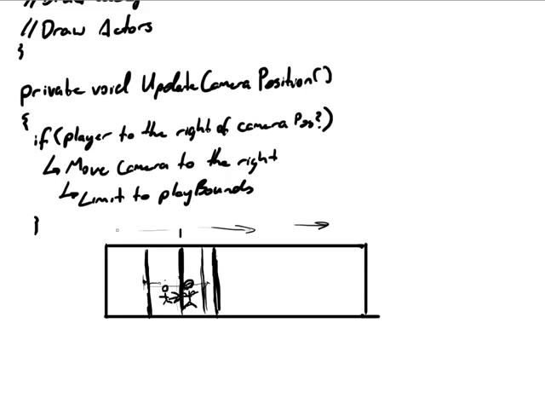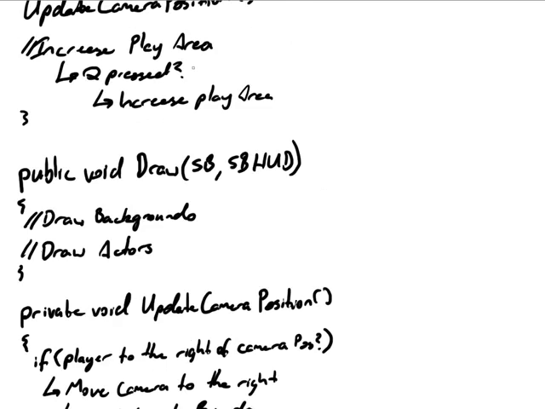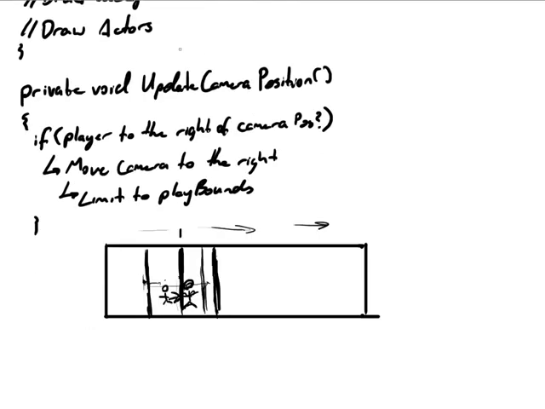And that is the level class, I believe. No. Whoops. We need to put one in here. If we press the Q button, increase the play area, then we better have a method for that one, which is called add to play area.